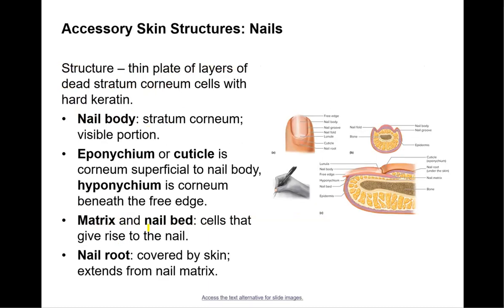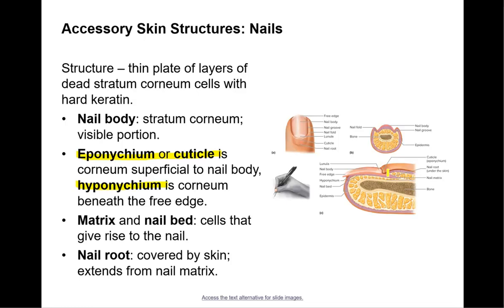The nail, the cuticle of the nail is called the eponychium, and the hyponychium is beneath the free edge. So the hyponychium is here. That's the part of your finger that kind of meets up with your fingernail, okay?